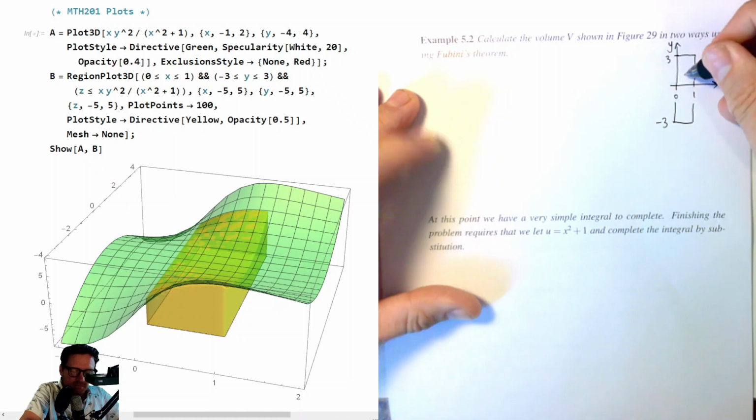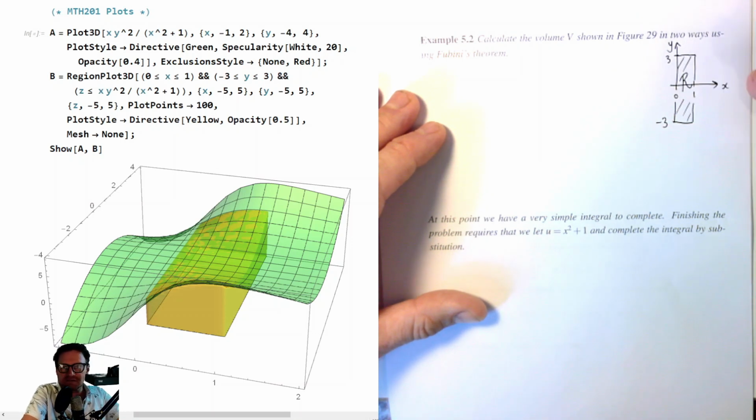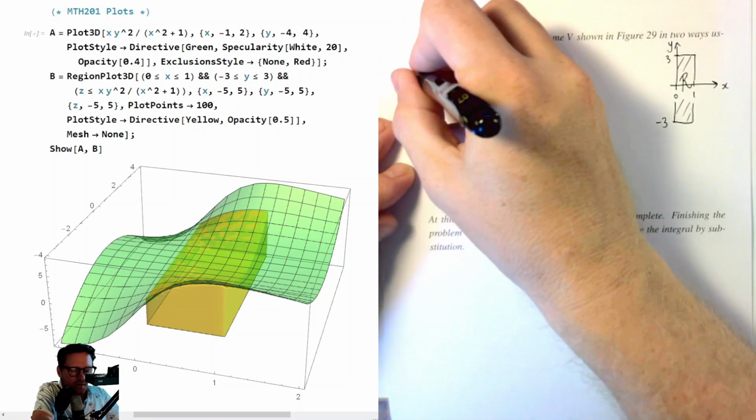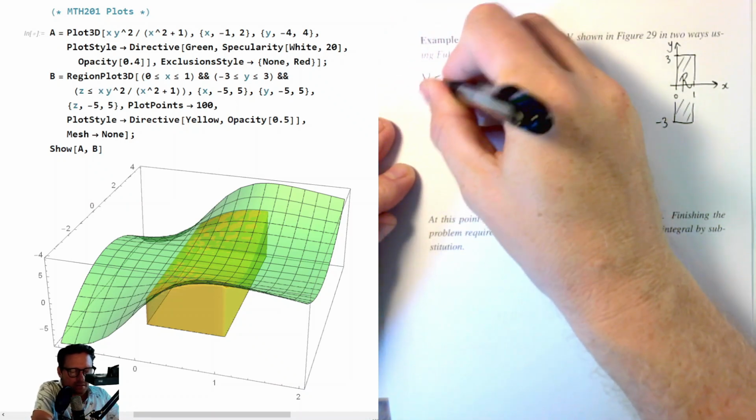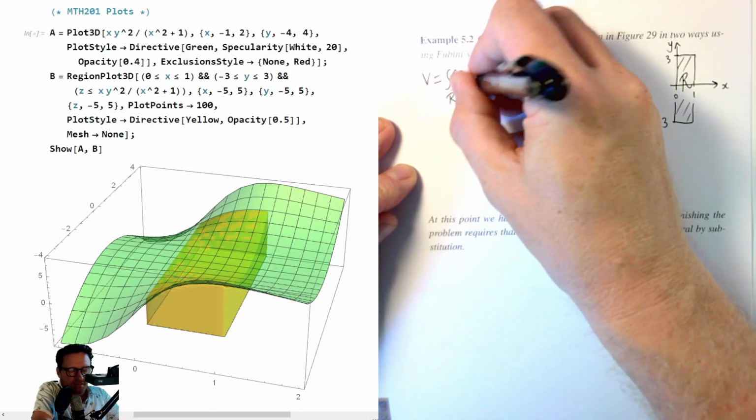So our region R is inside here. Right, so this is in the xy plane, and remember we have a surface above that and we're calculating the volume under that surface. Okay, so the volume is given by the double integral over the region R of f of x and y.